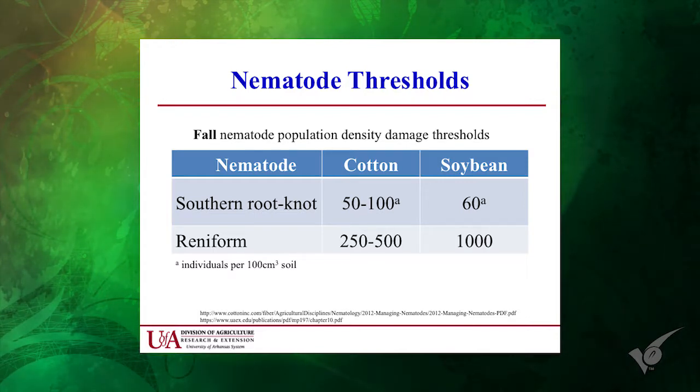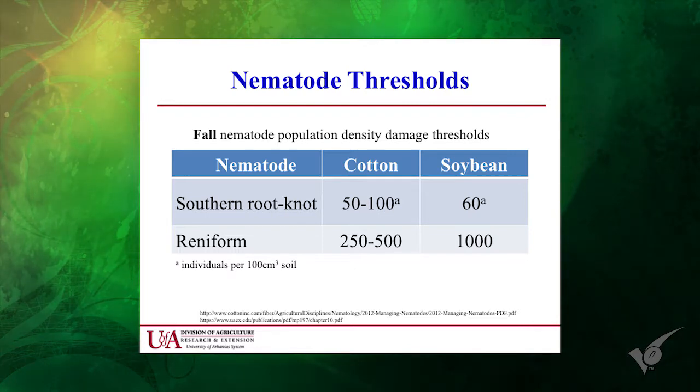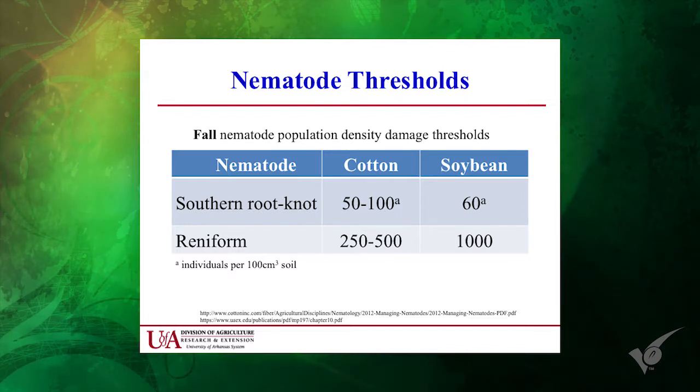Soybeans are definitely more sensitive to it, and that threshold is about 60. Most of you, if you've taken nematode samples recently, I know some of that has come across our lab. Those numbers are much higher than what you're seeing here. So we've really created a problem in some of these fields.